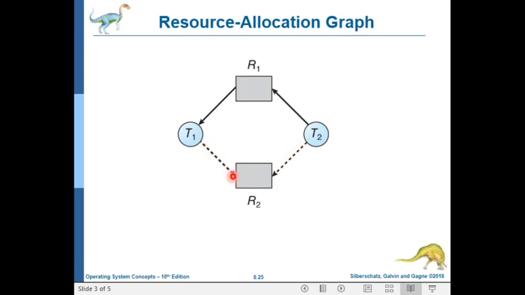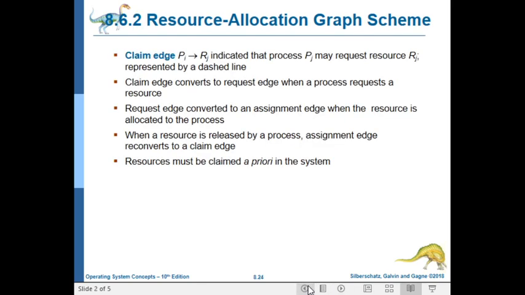Before we make a request edge, that means from thread to resources, we need to identify all the claim edges for the particular thread. A claim edge will convert to a request edge when a thread requests a resource.